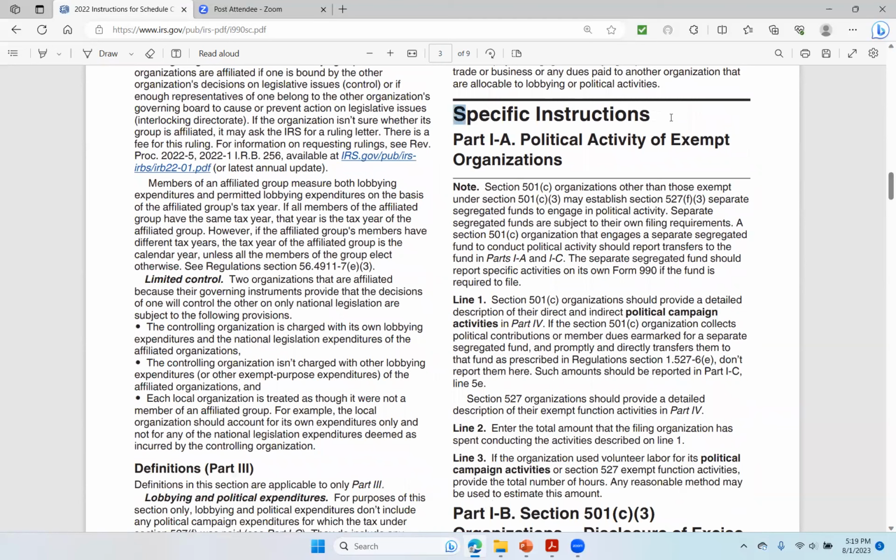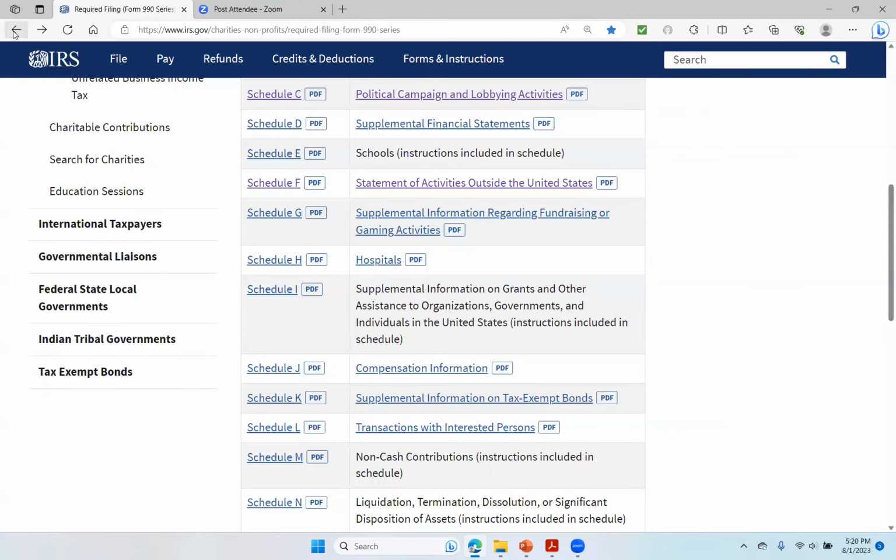See, for example, here are specific instructions, and then you have the different lines. And every schedule has that same type of information.